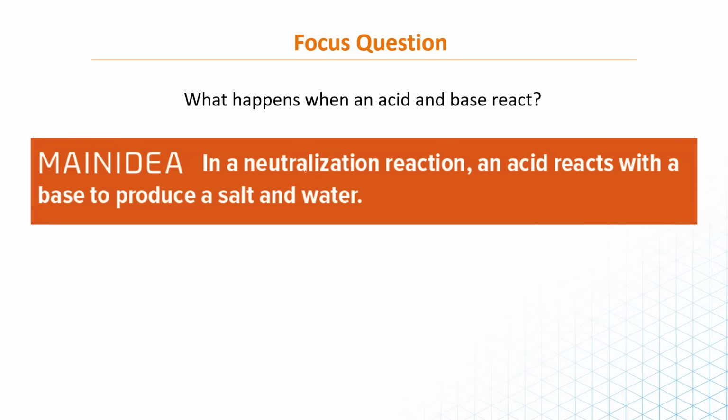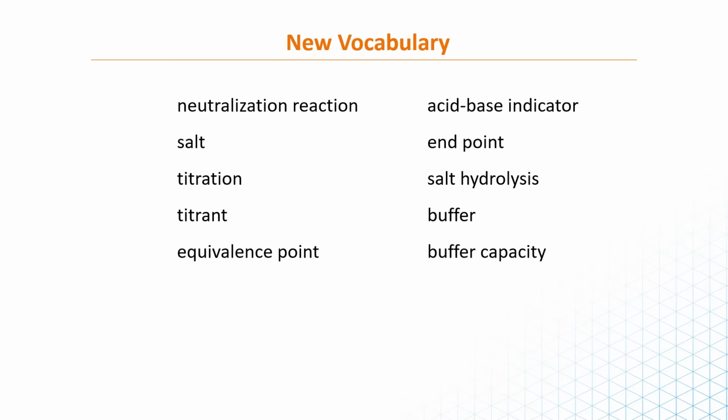In a neutralization reaction, an acid reacts with a base to produce salt, which is an ionic compound, and water. This is always true, and we'll have a look at that.